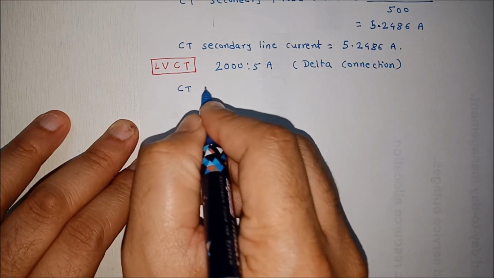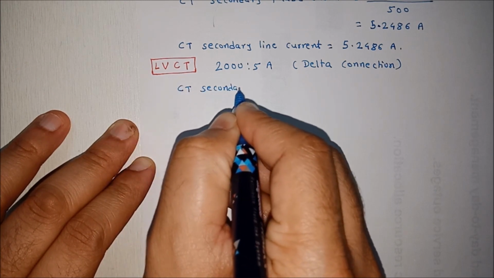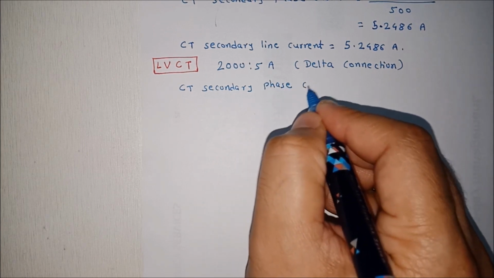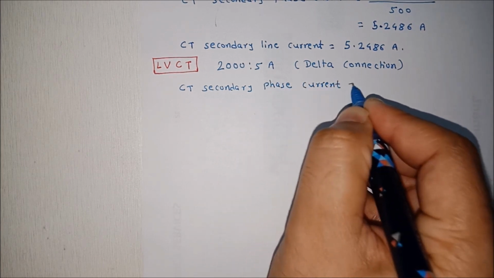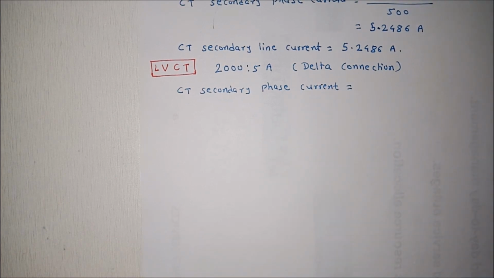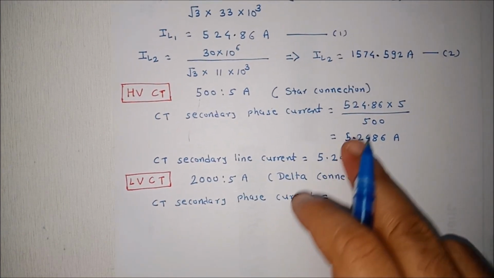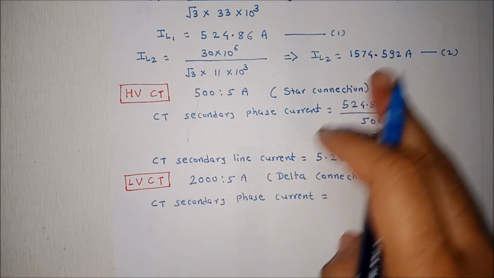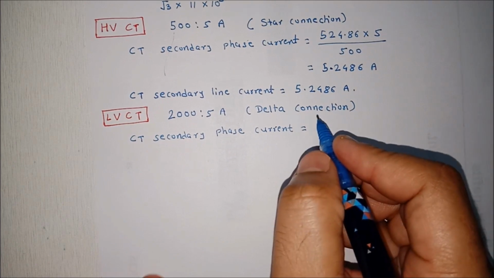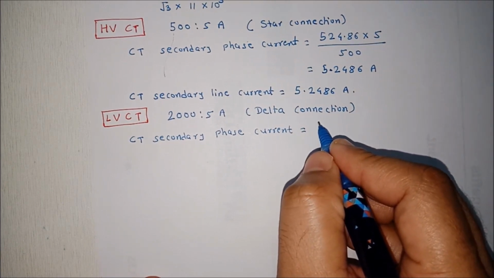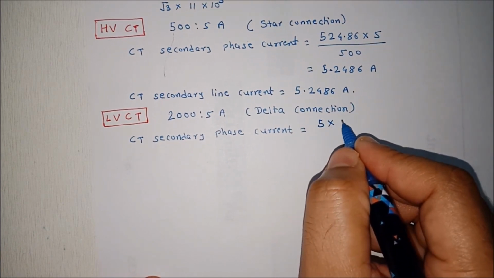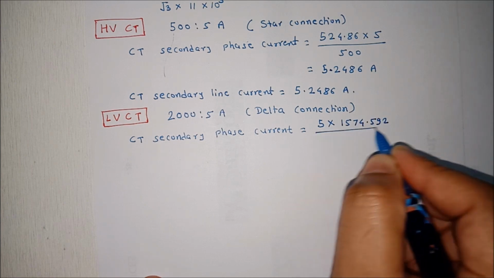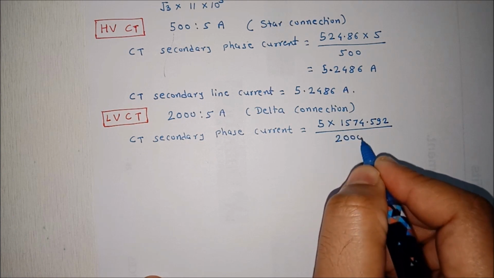So first again we will determine the CT secondary phase current. How can we determine it? Our line current is 1574.592. So 2000 corresponds to 5, then this corresponds to how much? We will do the cross multiplication: 5 into 1574.592 divided by 2000.